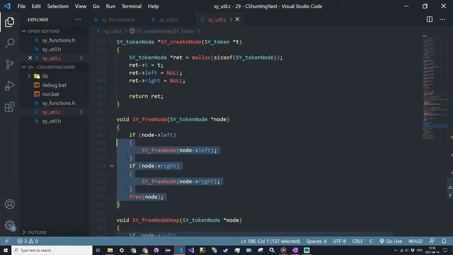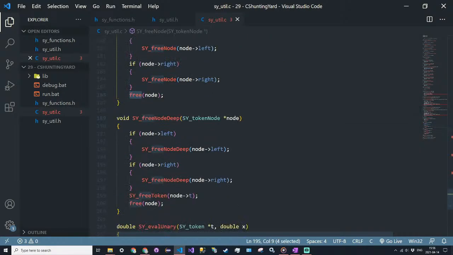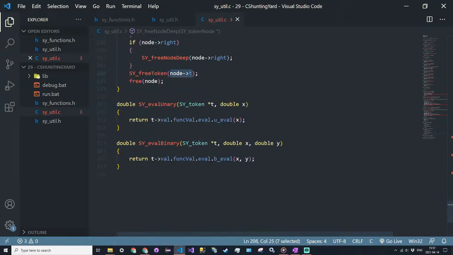For free node, it's essentially a post-order traversal where we free the children first, call the same method recursively, and then free the current node. For free node deep, I don't think this function is ever called, but we just free the token as well.